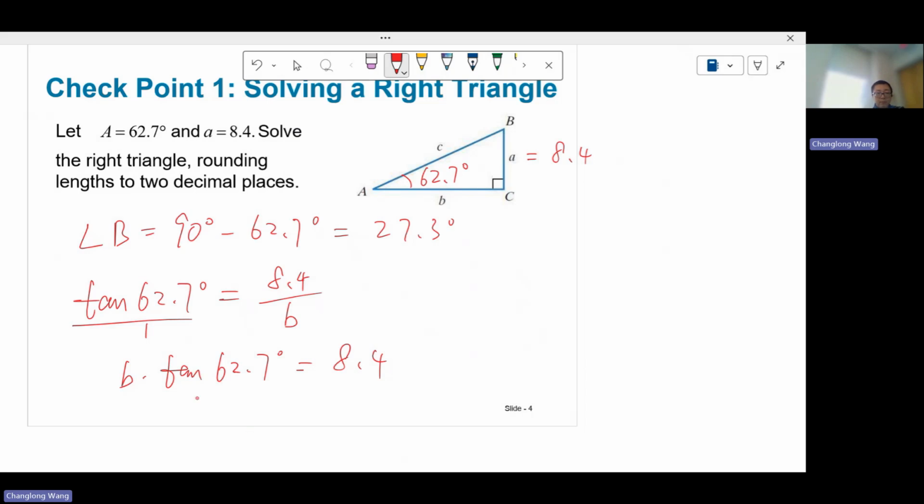Now, solving for B by dividing out the tangent of 62.7, right? So can you guys do that for me? 8.4 divided by tangent 62.7 degrees, not radians.